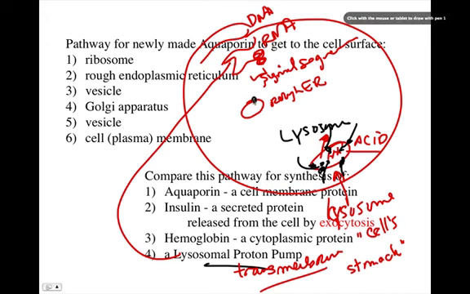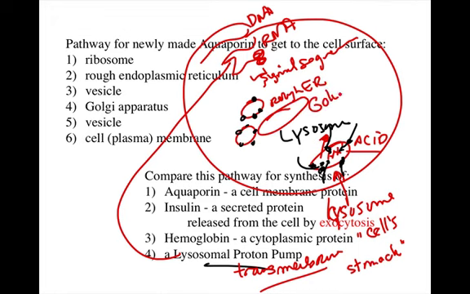And a proton pump is in the membrane, and it will get pinched off through a vesicle, and that has the proton pump in the membrane. Then that will fuse with the Golgi apparatus. Some processing will get done, and then a vesicle will head to the cell surface. No, big point here. Instead of heading to the cell surface, the lysosomal proton pump proteins are targeted to the lysosome.